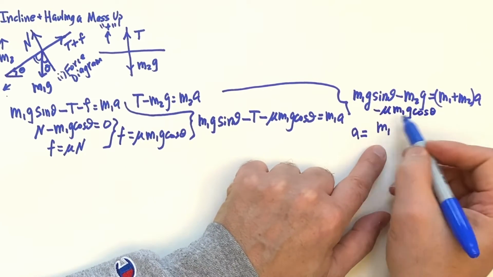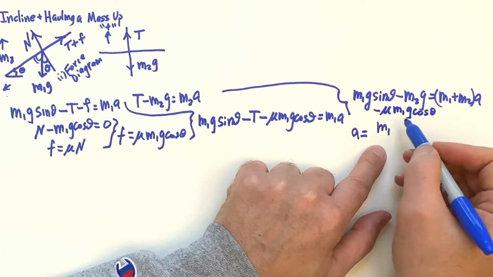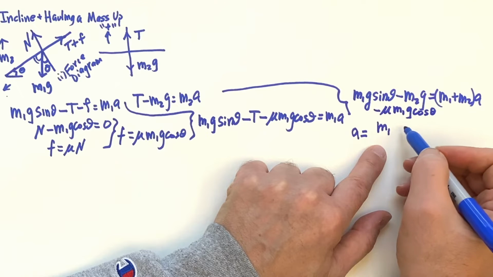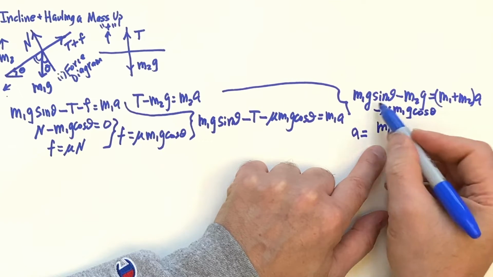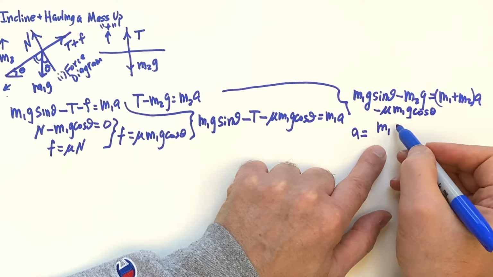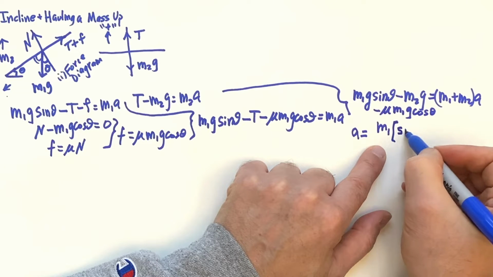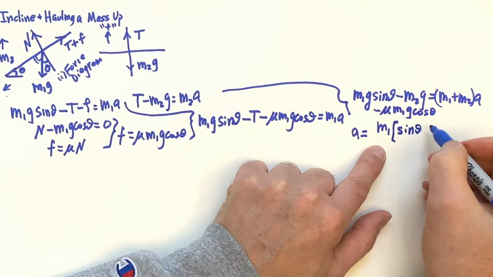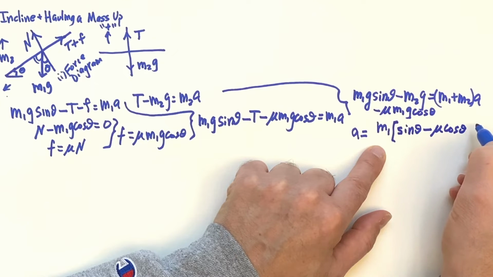So now on this left-hand side, see, I'm going to divide by the sum of the masses. On the left-hand side, I'm going to pull out here the G. So I'll have M1 times sine of theta, and minus mu cosine of theta, like that.